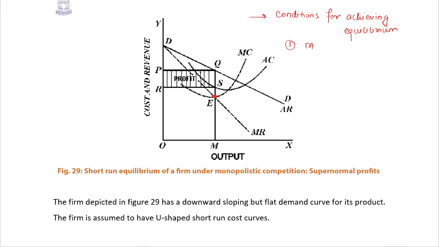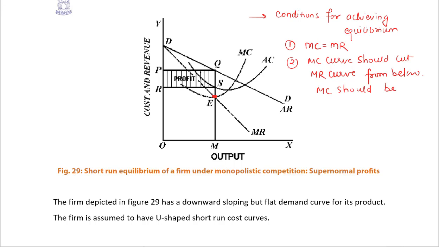First, MR equal to MC, and the MC curve should cut the MR curve from below. That is, MC should be rising. Or we can also say that MC should have a positive upward slope.